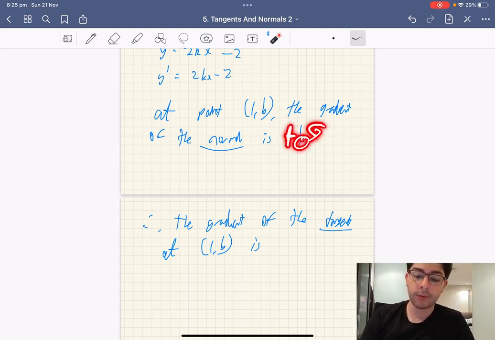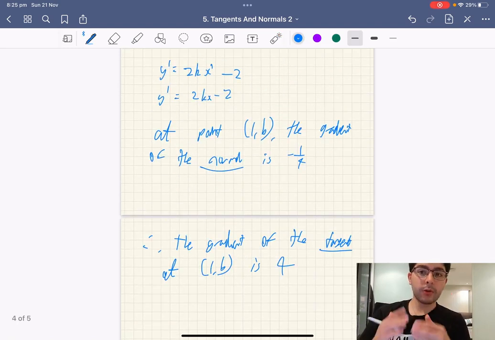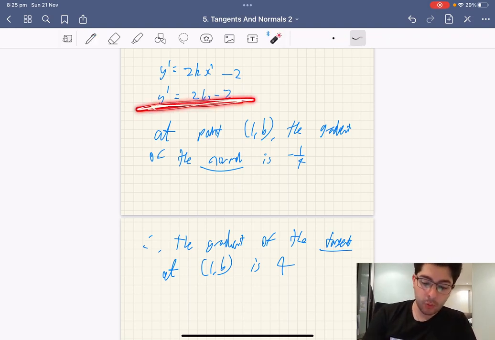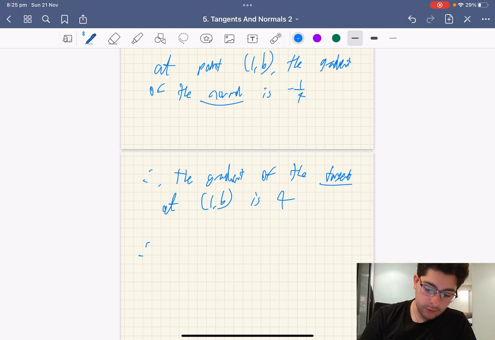So that'll cancel out and become positive 4. Therefore, we know that if we find the first derivative, that gives us the gradient of the tangent. So if we sub in x equals 1 for y dash, then it will equal 4.